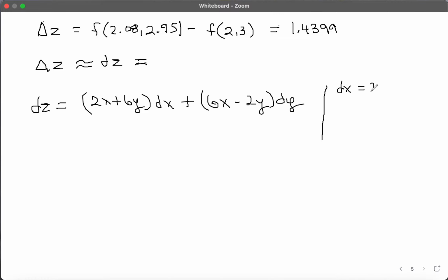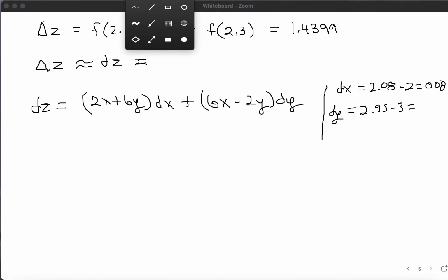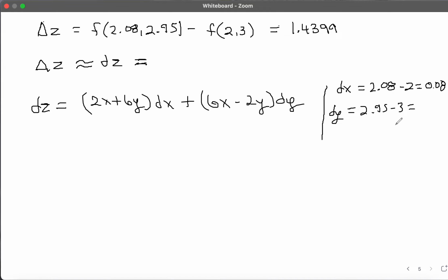The way we do that is we do 2.08 minus 2, which is 0.08. And then same thing with dy, we're going to do 2.95 minus 3, which is negative 0.05. Cool.